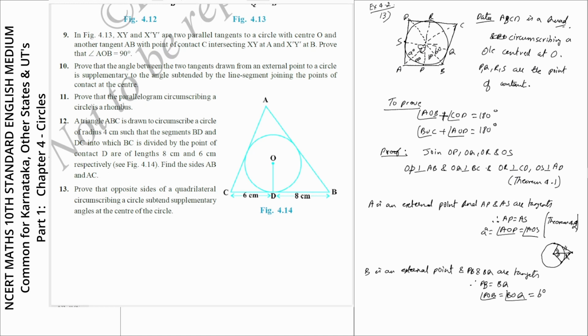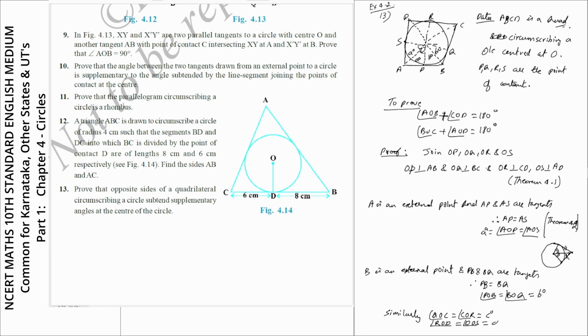Similarly, angle QOC will be equal to angle COR. Let us say it is C degrees. Also let angle ROD be equal to angle DOS.